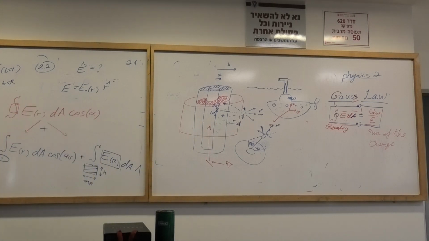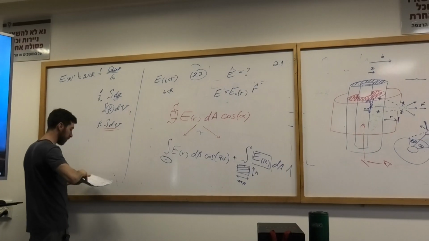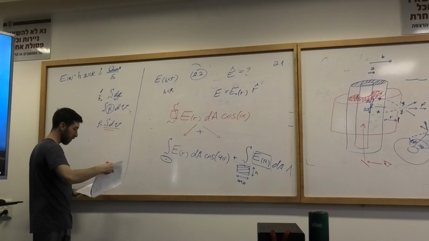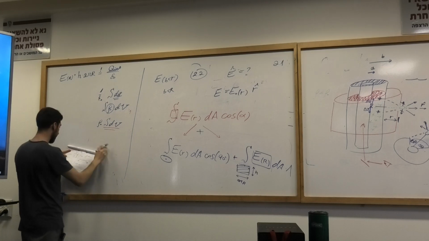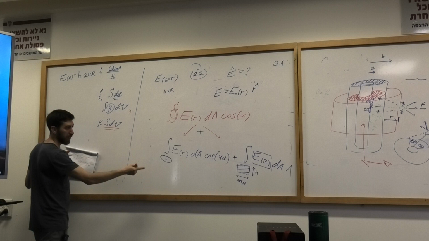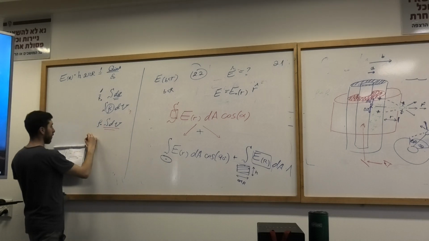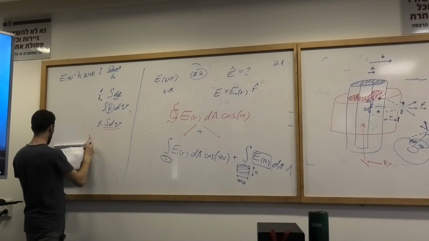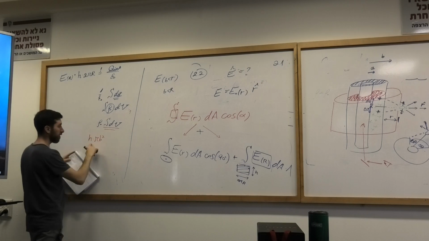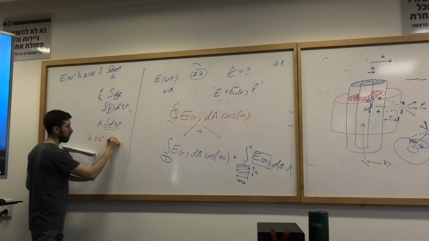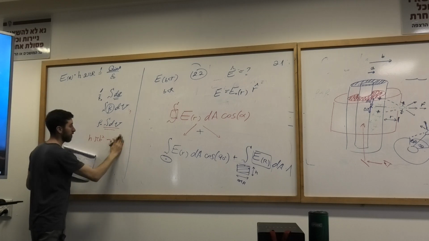Going back here, this volume is equal to the size of this hollow cylinder. So it's H multiplied by pi b squared, minus H pi a squared.